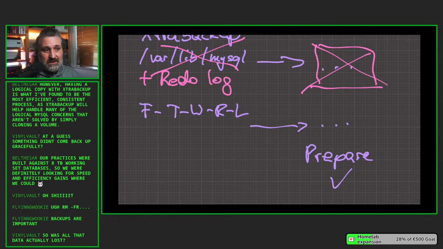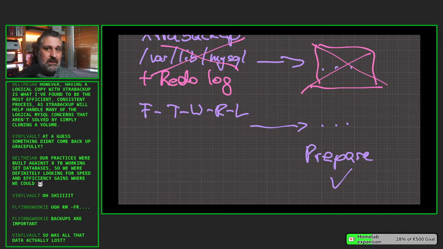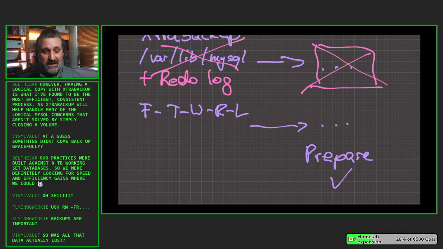The data was not lost. We did have a replication system. But that replication system then started behaving flakily. We later found out that on the replication system there was actually a slight data corruption.